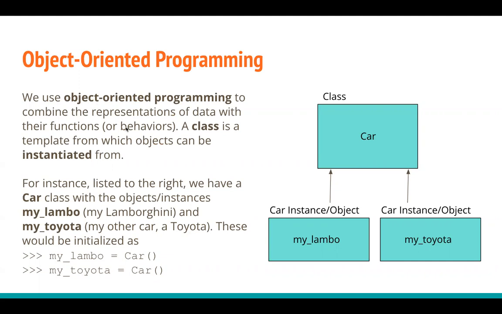These are specific instances of a car class. They're like actual physical cars, while a car class is just a template from which you can build cars. Down here, you can see that in order to create an instance, we use the car class with a capital C, and we use empty parentheses in order to call the init method.